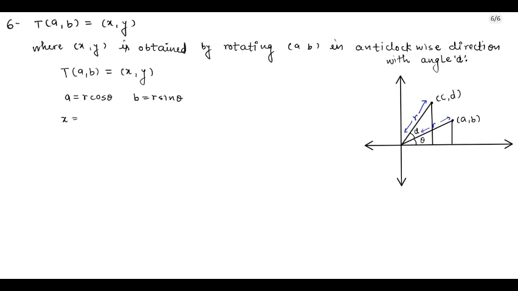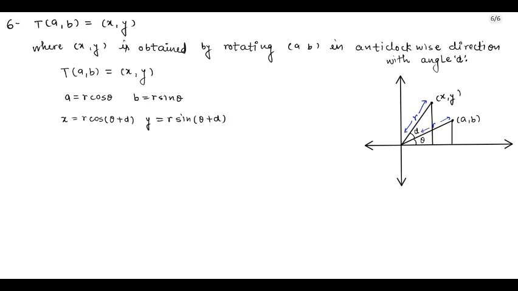We write (x, y) instead of (c, d). For (x, y), the new angle is theta plus alpha, so x is equal to r cos(theta plus alpha) and y is equal to r sin(theta plus alpha).